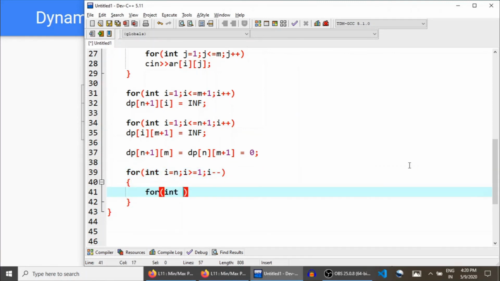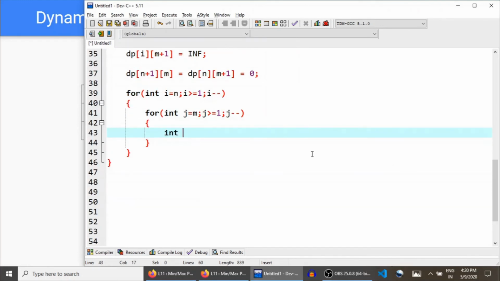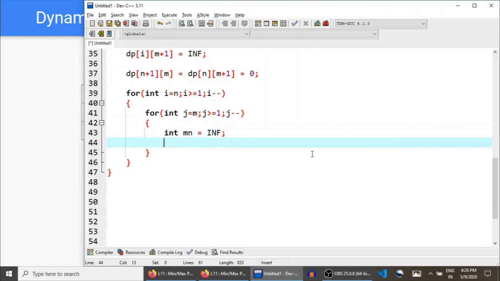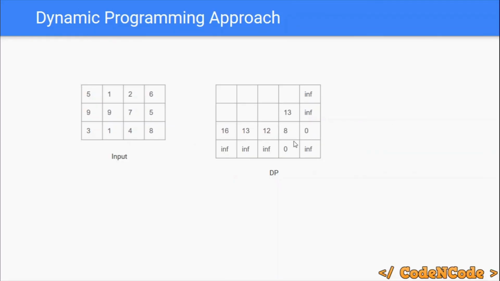we'll start filling from the mth column: j greater than or equal to 1, j minus minus. So we have mn for minimum cost. Initially initialize it with infinity. So either we go right or down.